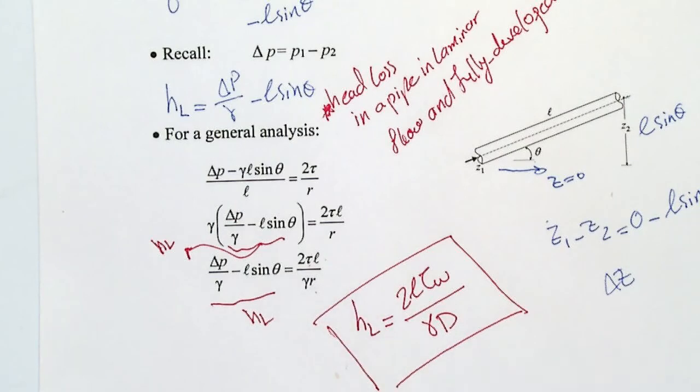So if you have D over 2, then you can apply that, and you can have that as HL. Okay, that's another equation that you can put there. And you have the loss inside the pipe.